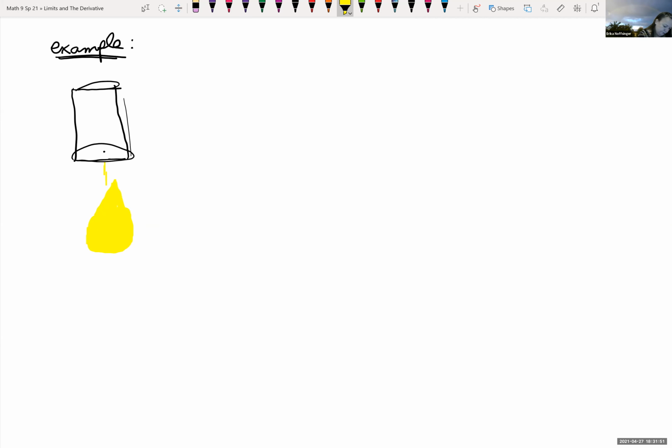Yeah, but you get the picture, right? We're given that this right here is R, the radius of our cone, and we have the height.